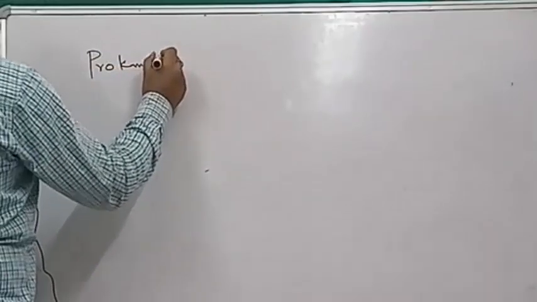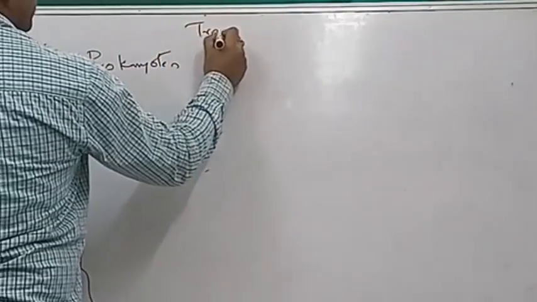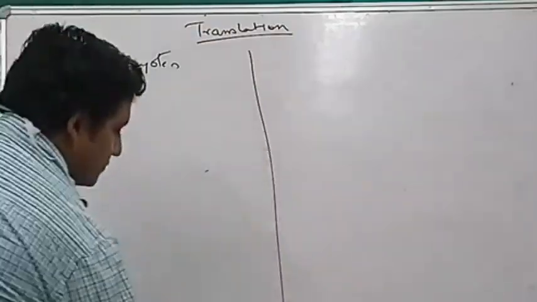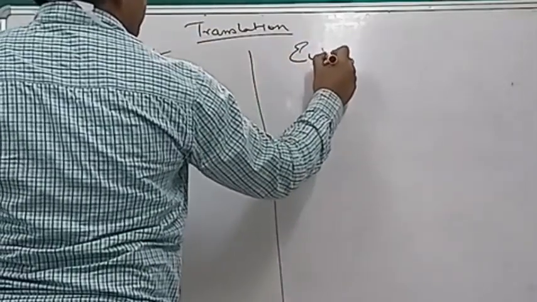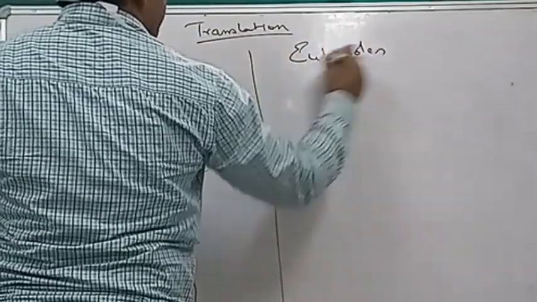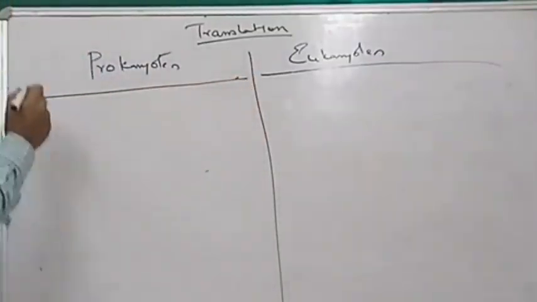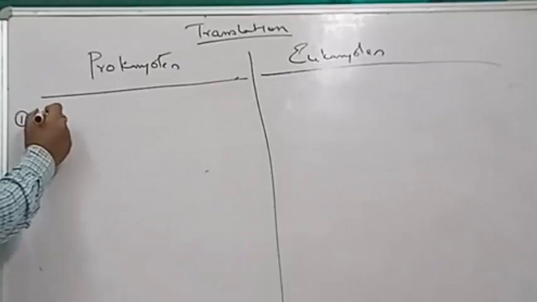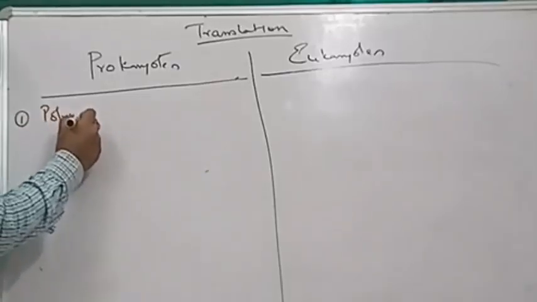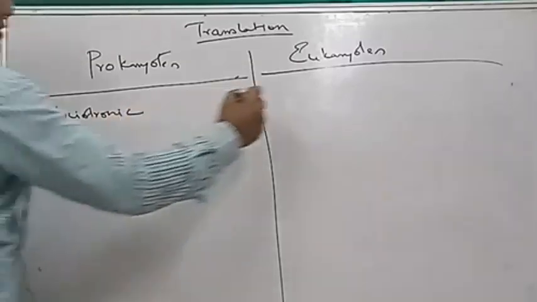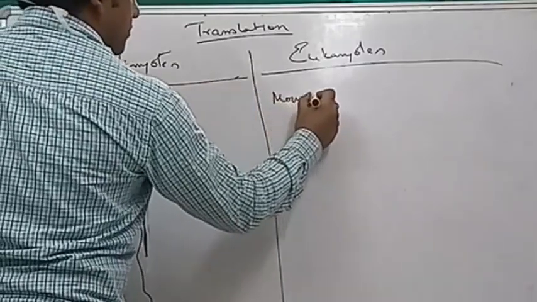Okay, so let us see prokaryotes translation, eukaryotes. What can be the difference? First, in general, prokaryotes are polycistronic, and eukaryotes are monocistronic.